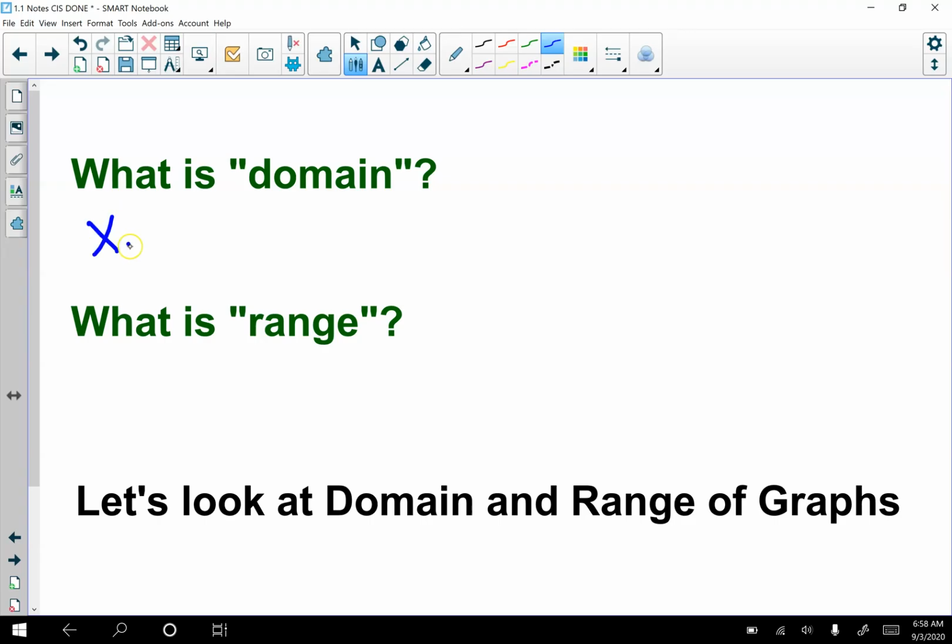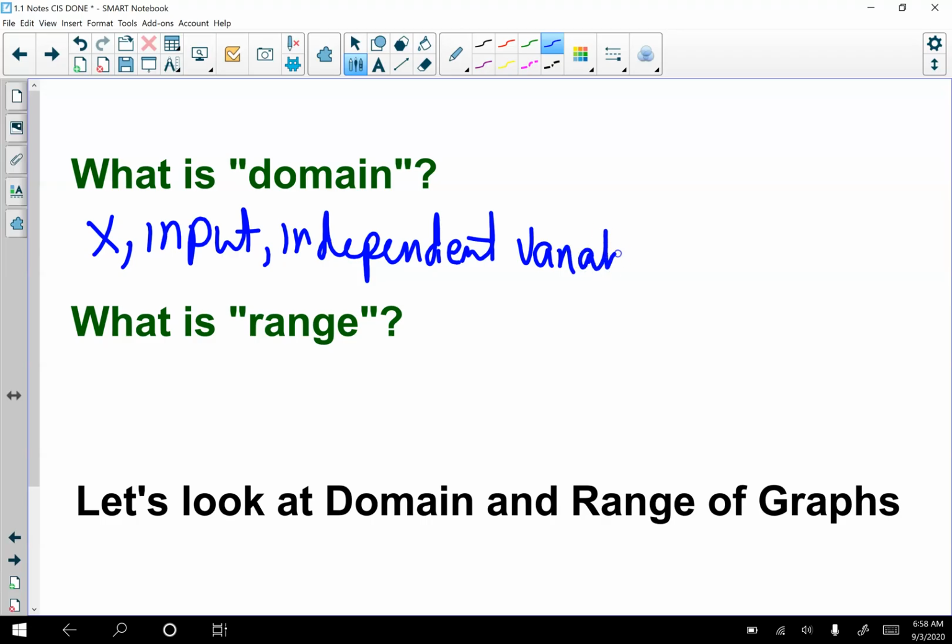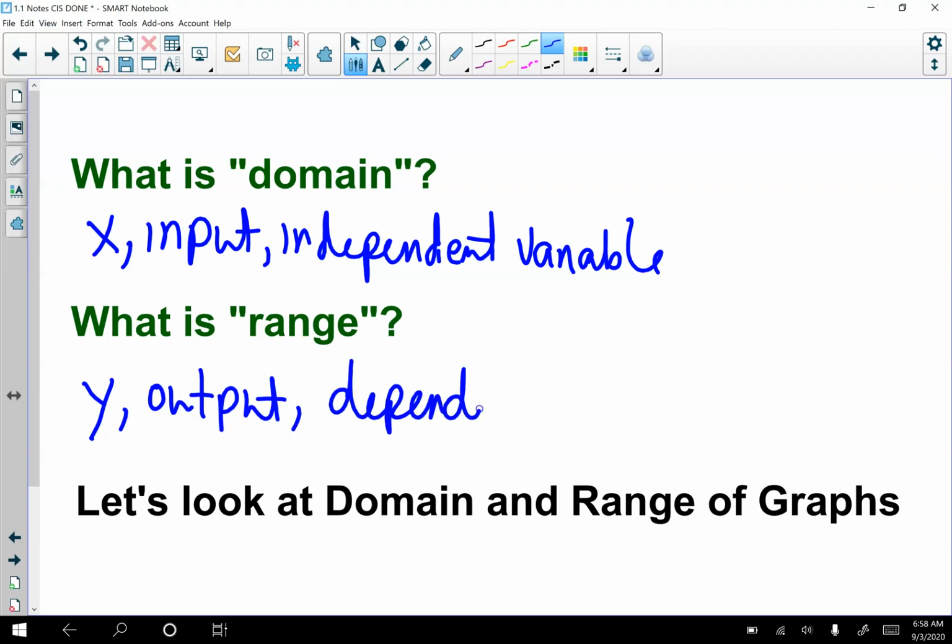It's the X, or you could say it's the input, or you could say it's the independent variable. And a range would be like the Y or the output or the dependent variable.